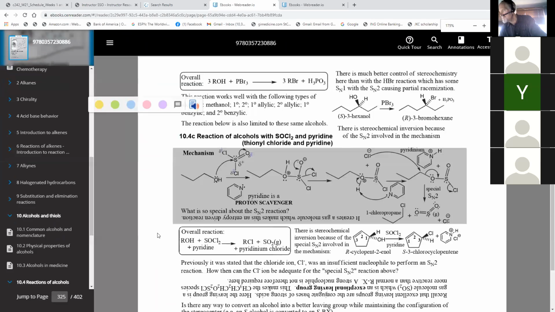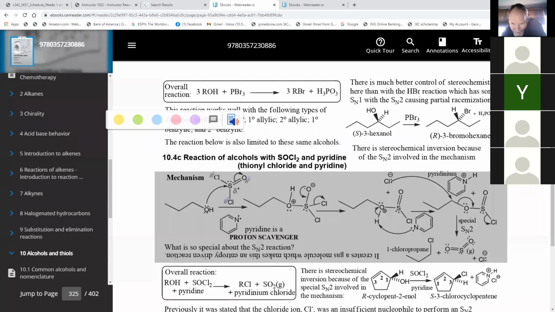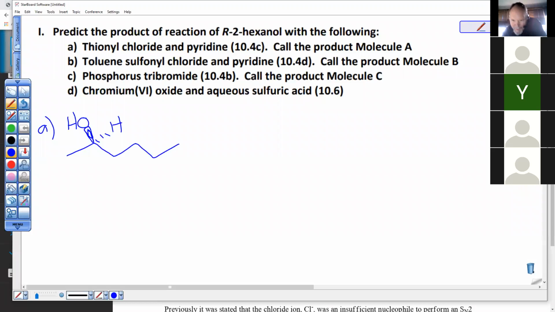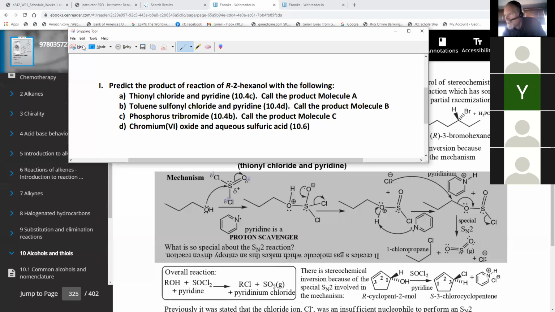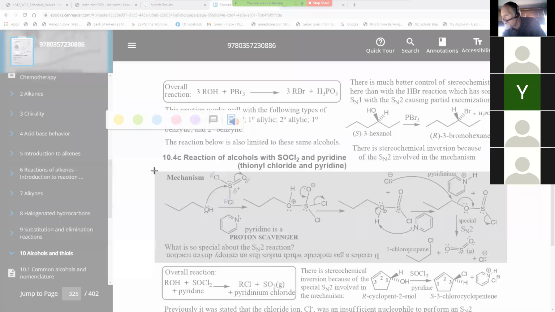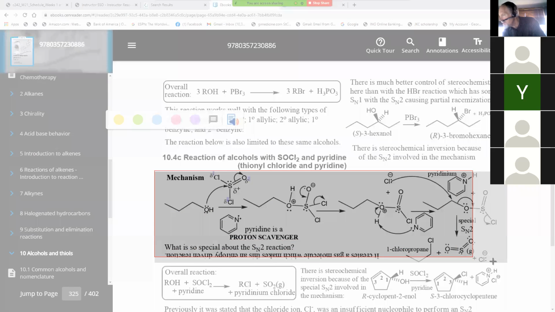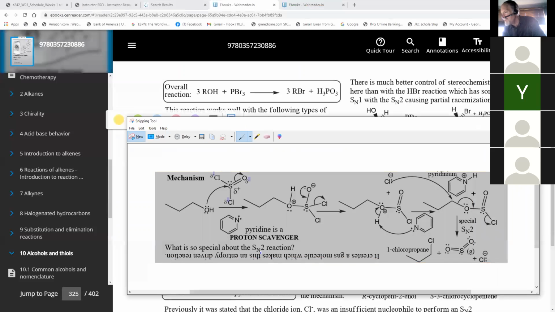Need bigger. I'm getting used to this at the same time you are. And I need my snip. I'm just going to show you how you can use the textbook mechanism and generalize it to your mechanism. That's how we learn mechanisms. Oh, I like what it did. Formal charges get highlighted there with purple.